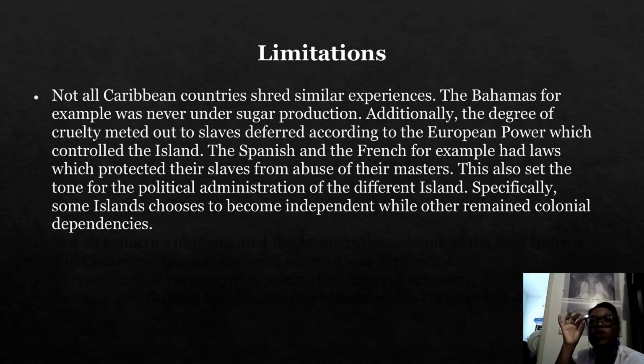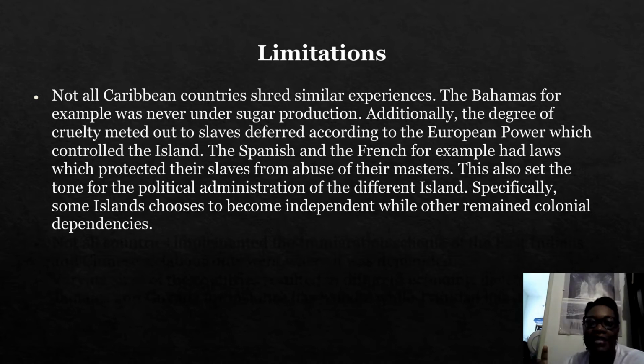So if you were in the Spanish Caribbean or the French Caribbean, because of the existence of the slave laws, the Code Noir in the case of the French, the Siete Partidas in the case of the Spanish, it was said that the slaves in these territories had rights. Right?